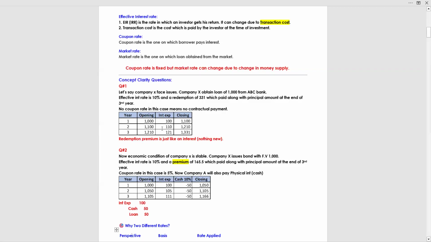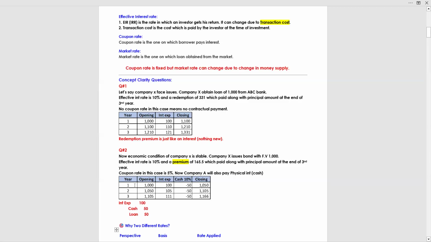If you make an entry in question number 1, the entry is interest expense debit 100, loan payable credit 100. But once we make the entry in this case, you will see the loan payable will be amortized over time. Why? Because company X pays the amount of 50, which is cash. So this cash will reduce the liability by 50. 100 minus 50 is 50.